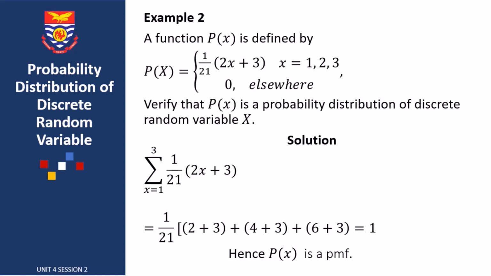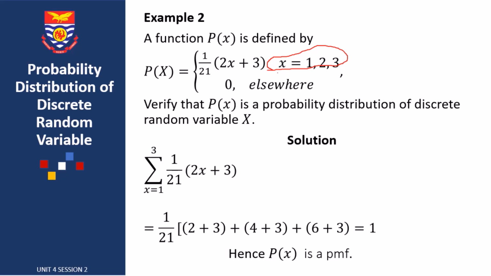Solution. Since x assumes values from 1 to 3, ours is to substitute the values x equal to 1 up to 3 into the function given. If x is 1, we have 2 plus 3, giving us 5.